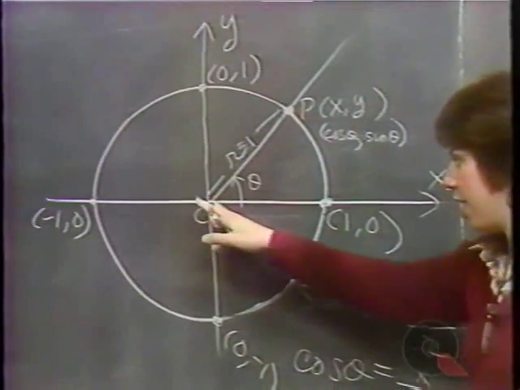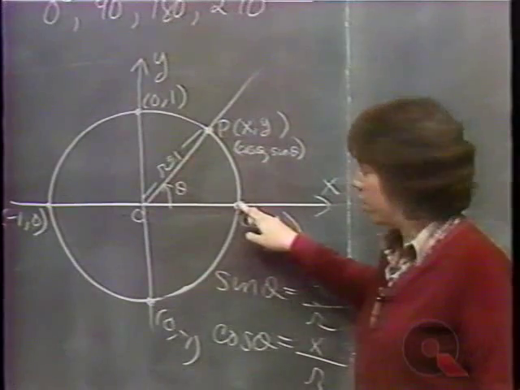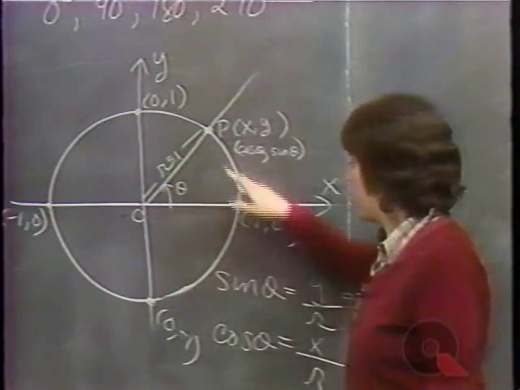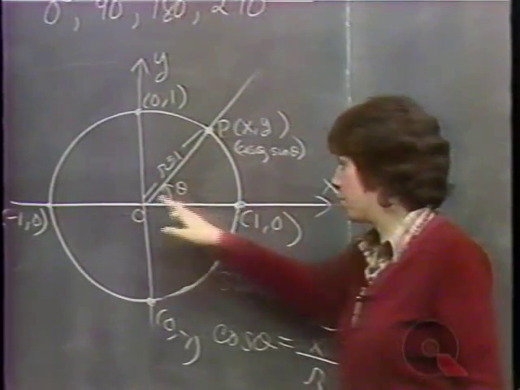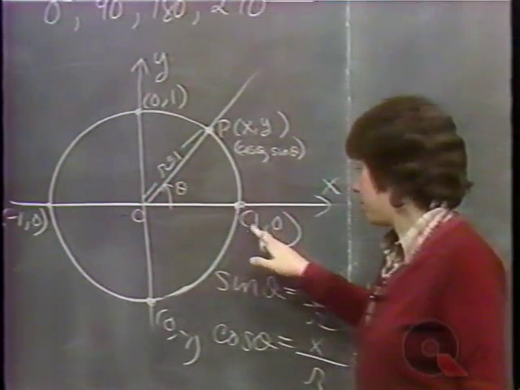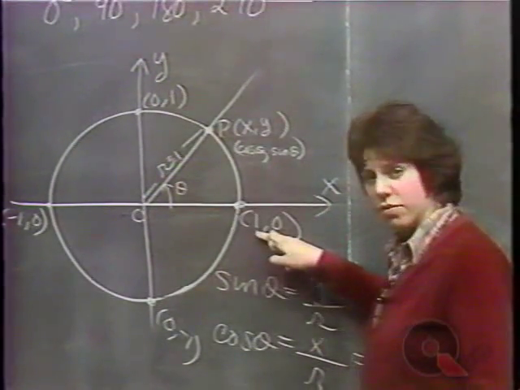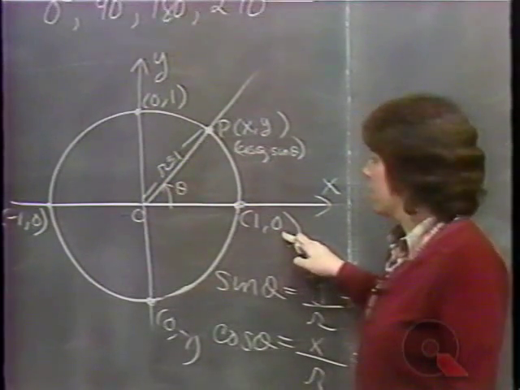Because when we're talking about an angle of 0 degrees, that means point P is right over here. The initial side and the terminal side of the angle coincide. Point P is a point on the terminal side, and we're choosing it to be a point whose distance from the origin is 1, so point P must be 1, 0. So the x-coordinate must be the cosine of 0 degrees, and the y-coordinate must be the sine of 0 degrees.